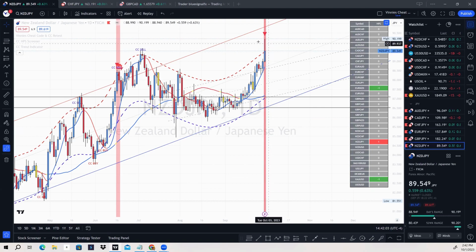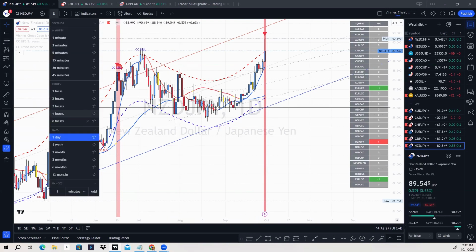So that means we are at an extreme in the market and we're looking for a reversal, right? We have an extremely overbought area, and we are getting a signal to reverse. So we can be looking to sell NZDJPY sometime this upcoming week.